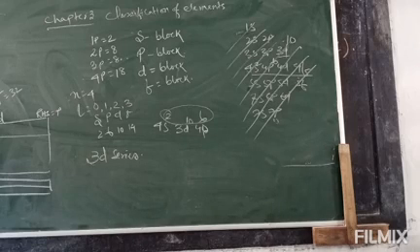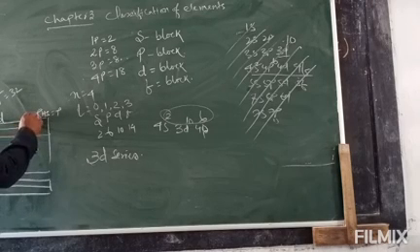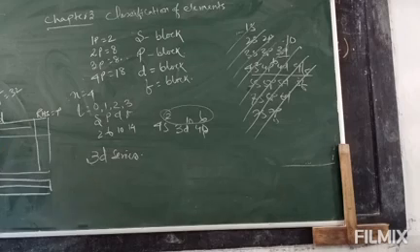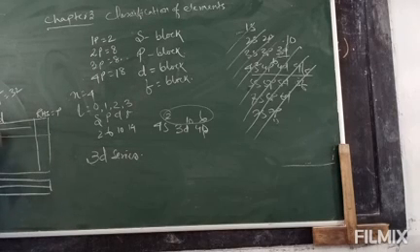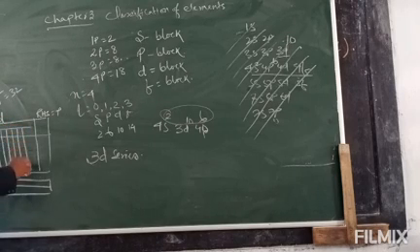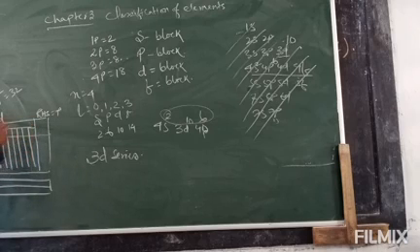The s block has two groups, that is group 1 and group 2. After that, it is the d block. D means 10 again, so this is d1, d2, d3, d4, d5, d6, d7, d8, d9, d10.